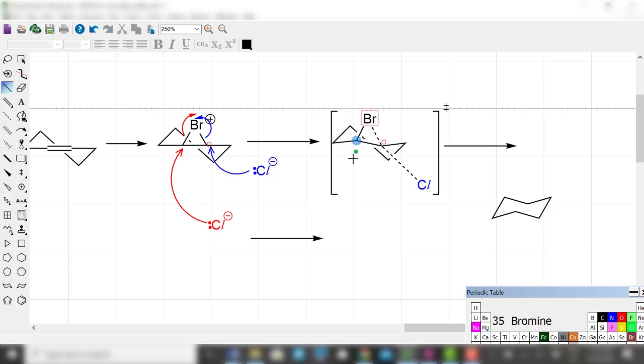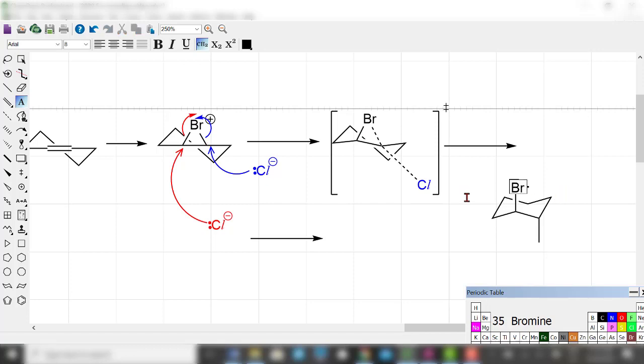So the edge is actually here, so the H is already in a so-called pseudo-equatorial position. That's the term we use. And then this thing is moving towards a pseudo-axial position. So at the end of the day, the product we're expecting will have both groups in the axial positions.